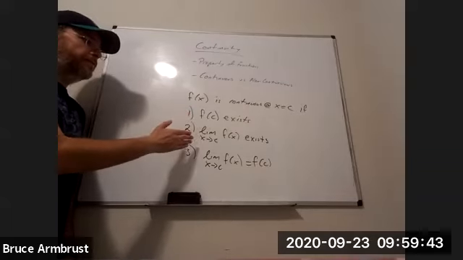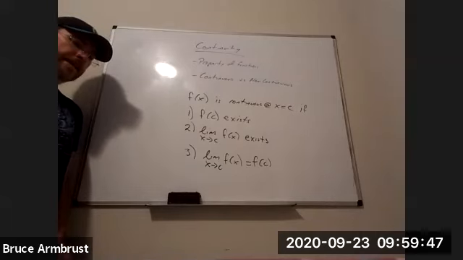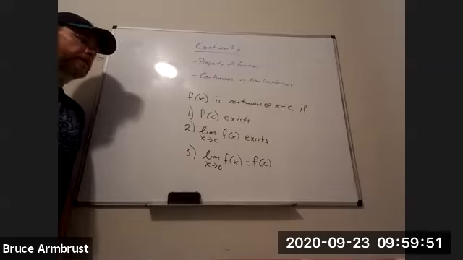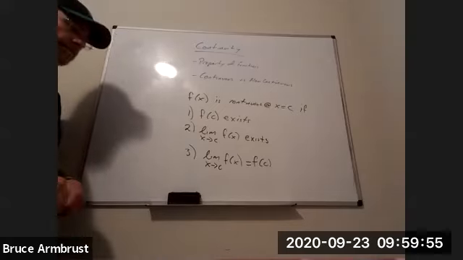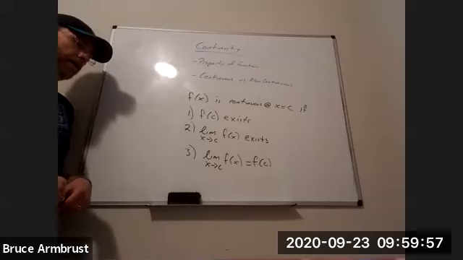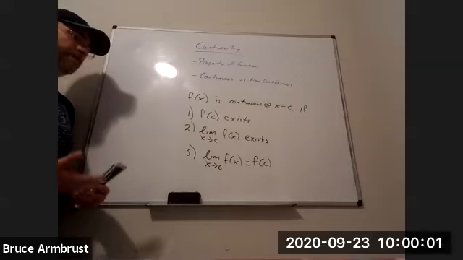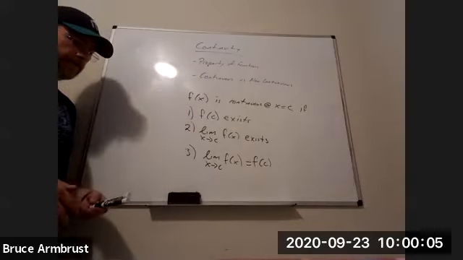It's necessary for the limit to exist. And this helps you see different types of problem spots. Okay, because not all problem spots are the same when it comes to continuity. We need to be able to recognize which one they are. So that's why I like to list them out as three separate things.